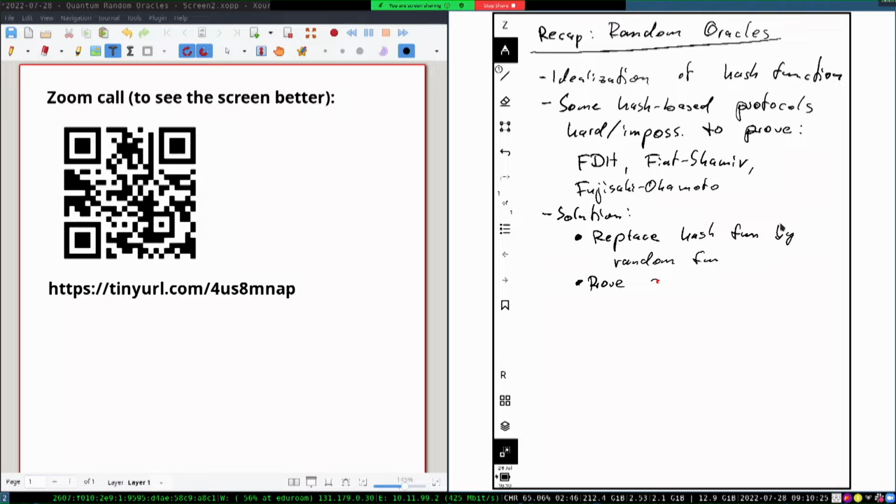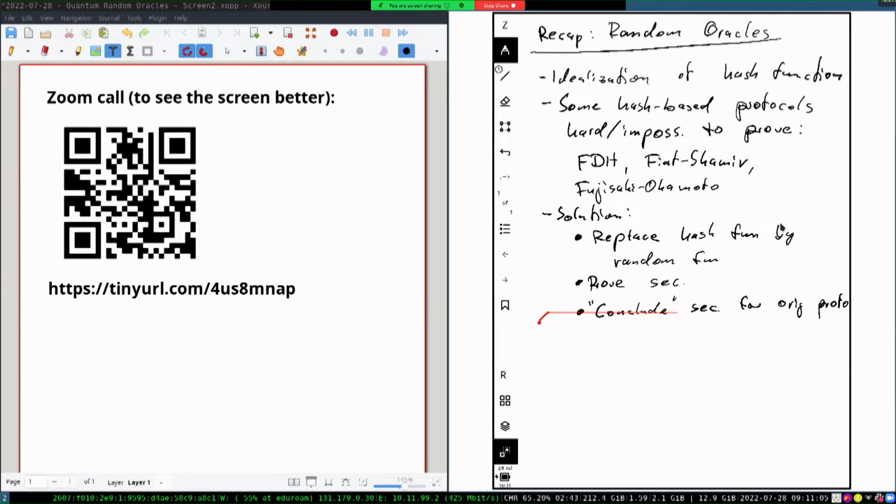Then we prove security for this protocol that uses a random function, and then conclude security for the original protocol. So we are somewhat cheating here because actually we cannot conclude it. It's a heuristic. But we say if we have proven it for a completely random function, then it's a very good assumption that it will also be secure for a sufficiently well-designed hash function.